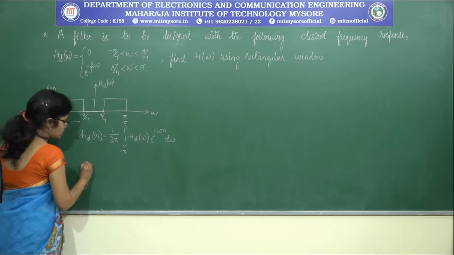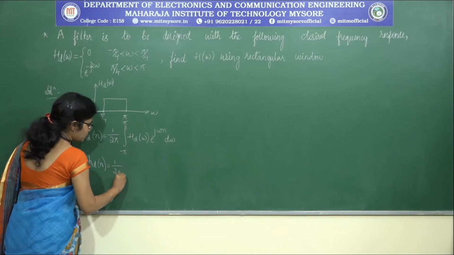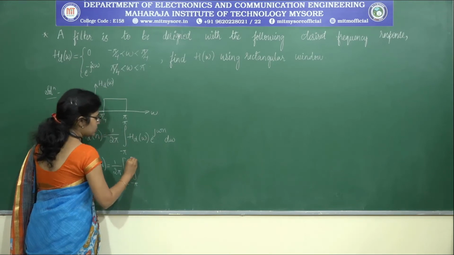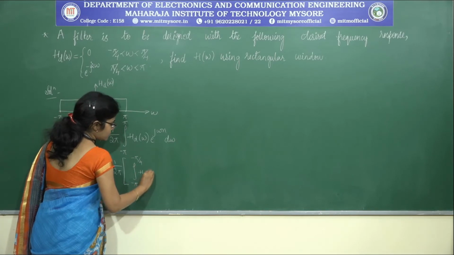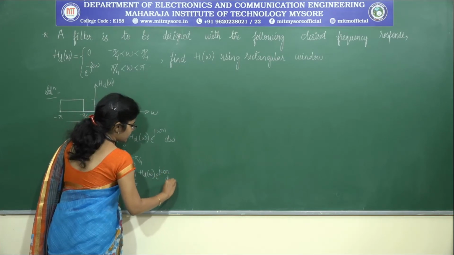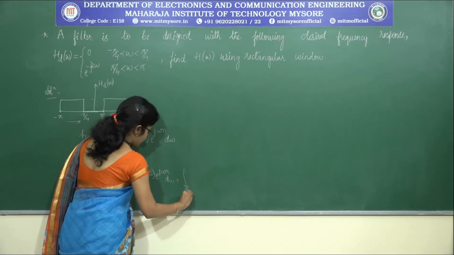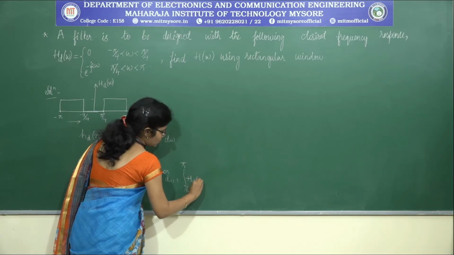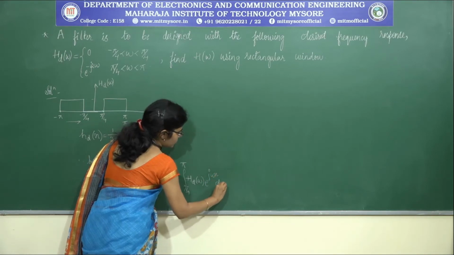So if I rewrite the expression, HD of n will be equal to 1 by 2 pi into integral from minus pi to minus pi by 4 HD of omega into e power j omega n into d omega plus integral from pi by 4 to pi HD of omega into e power j omega n into d omega.